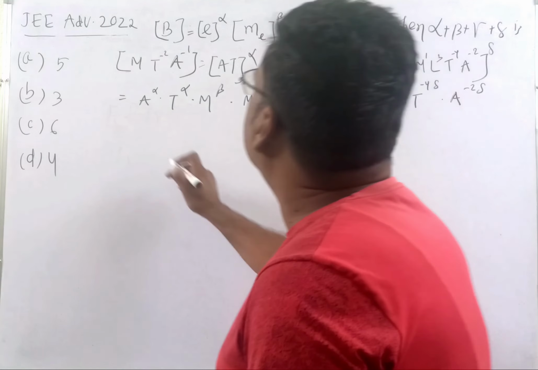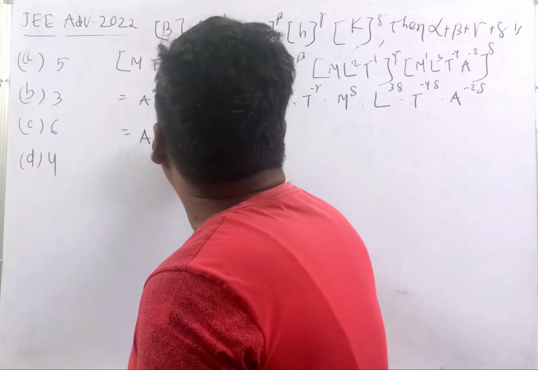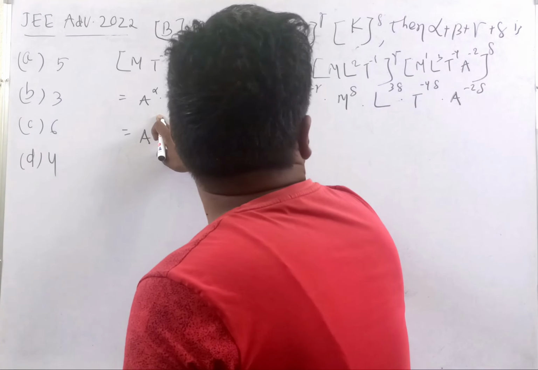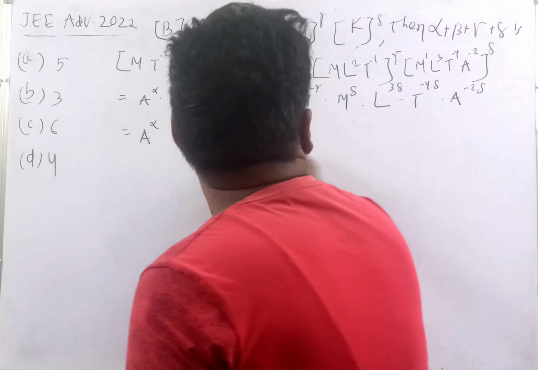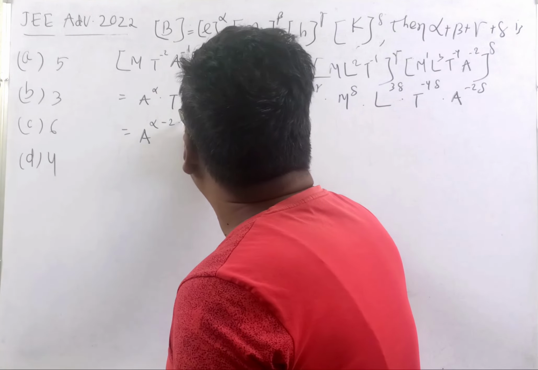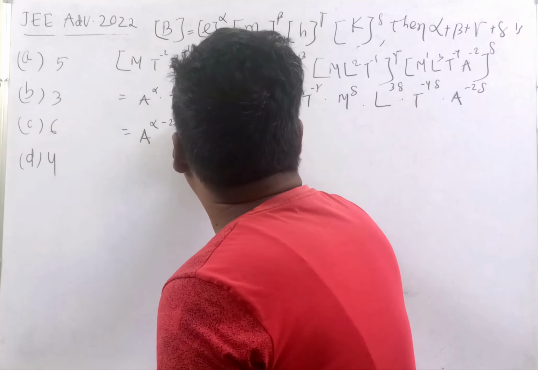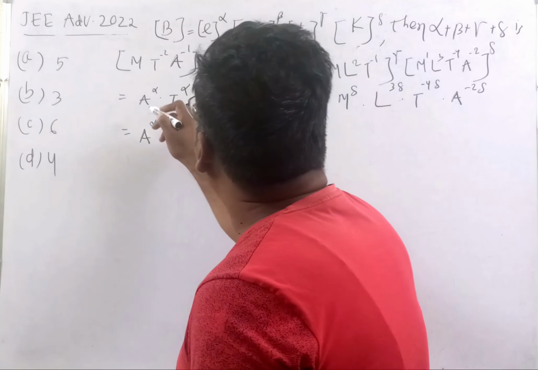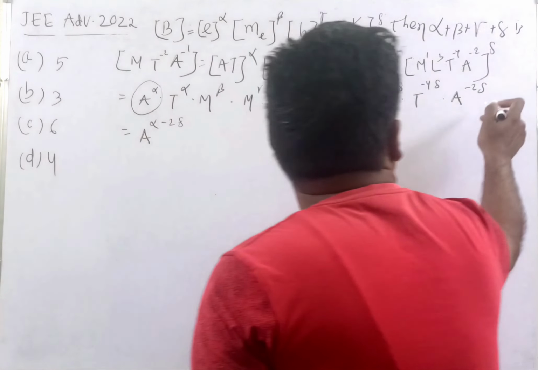Okay students, then what will be A to the power? Here A to the power alpha and here A to the power minus 2 delta. So we will write A to the power alpha minus 2 delta. Okay students, these two terms are gone.